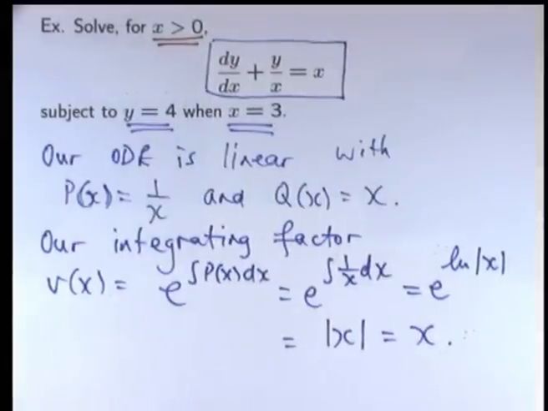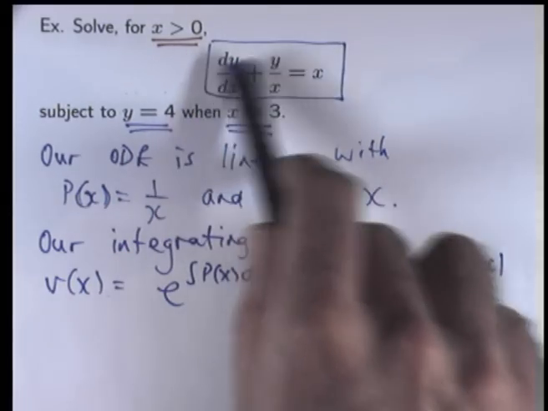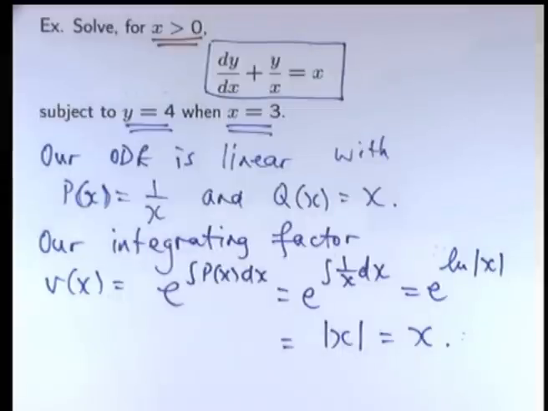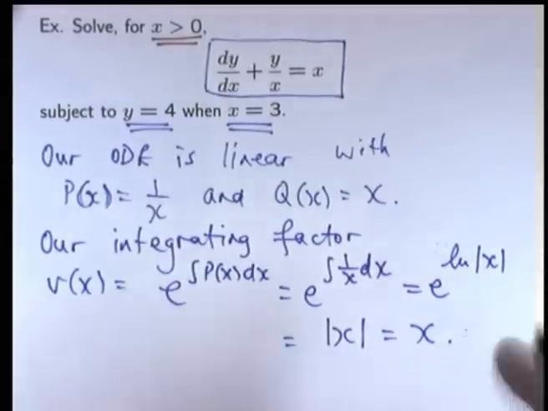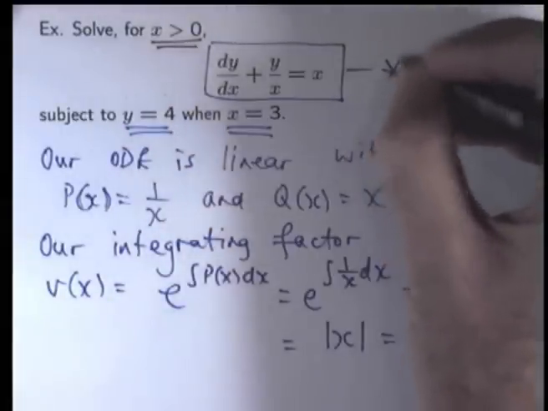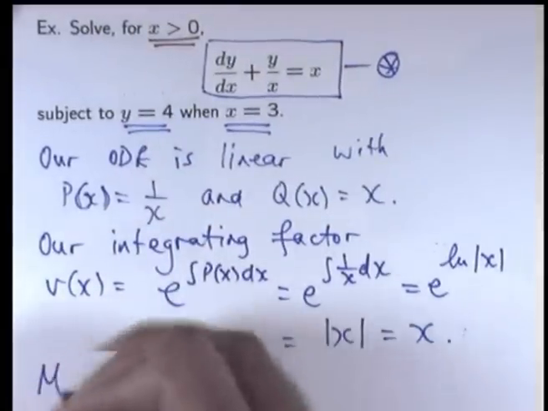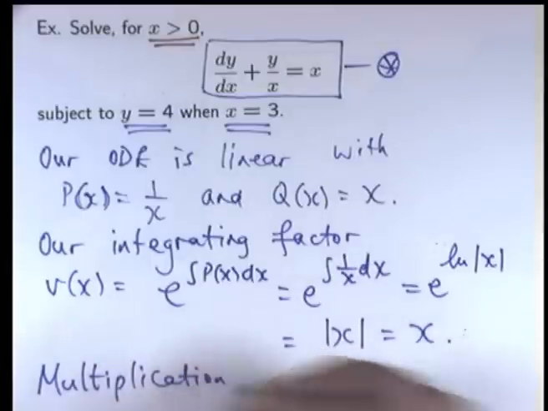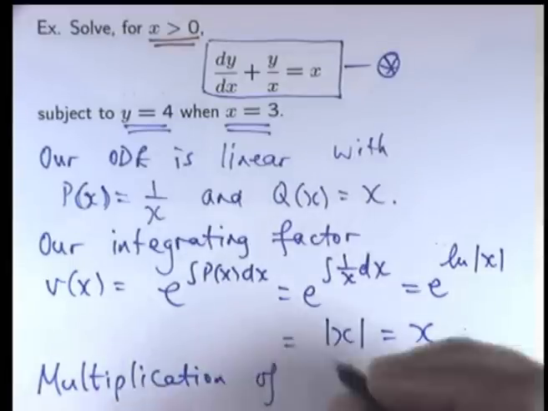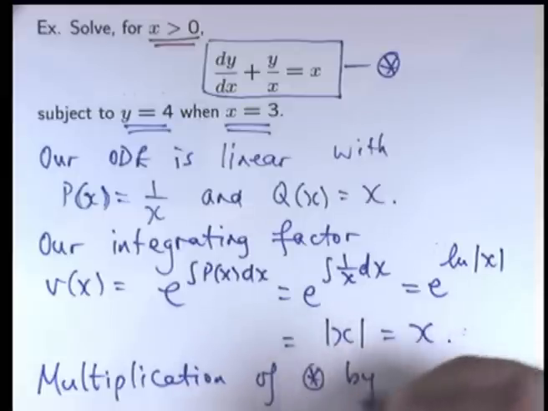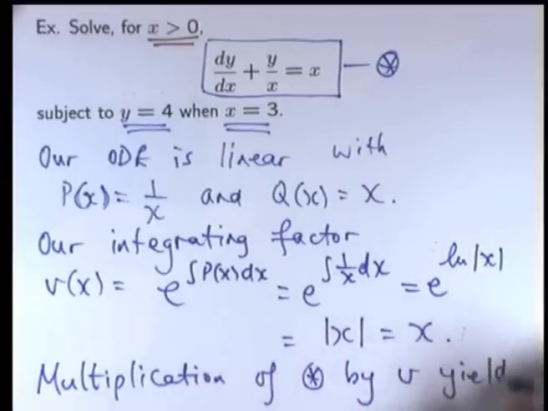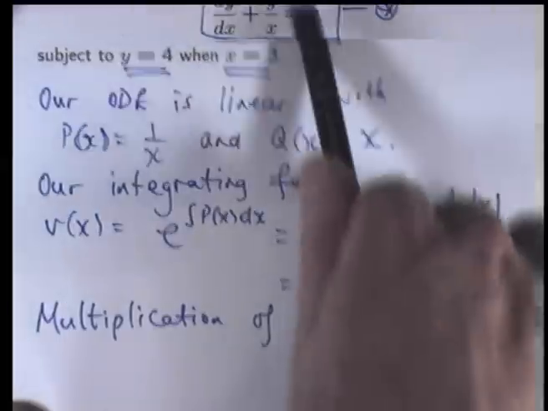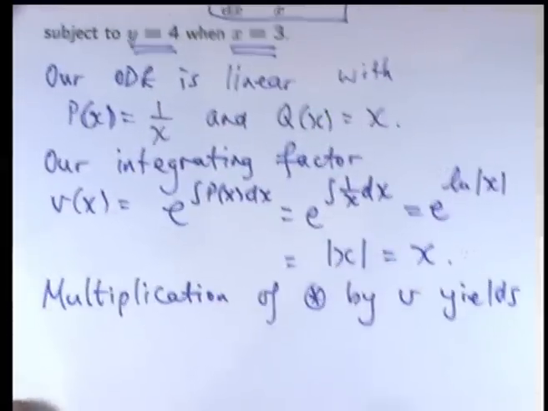Okay? All right, so now what do we do? Well, we take this integrating factor, multiply both sides of our ODE through by it, and then we know that we can collapse everything to the derivative of a product. All right, so multiplication of our original ODE by our integrating factor yields the following.